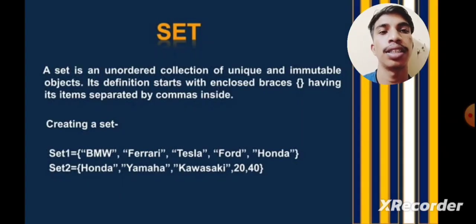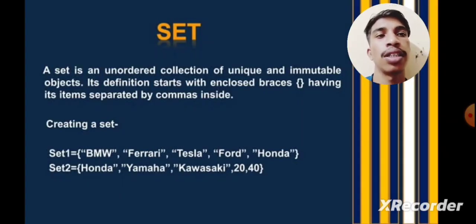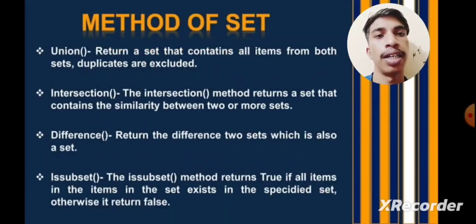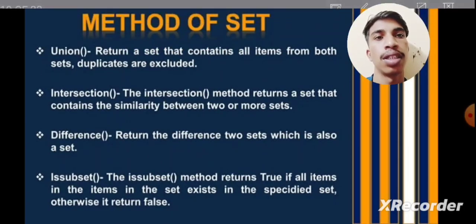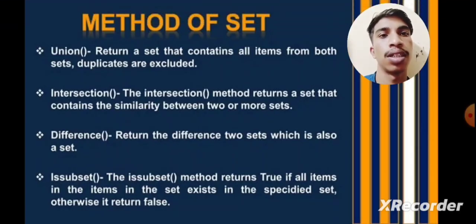Set. A set is an unordered collection of unique and immutable objects. It is defined with items enclosed in braces. Methods of set. Union returns a set that contains all items from both sets. Duplicates are excluded.